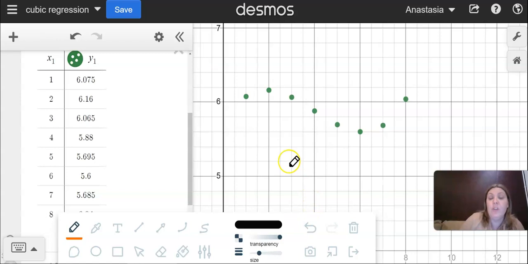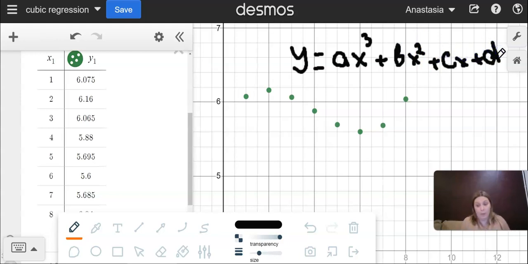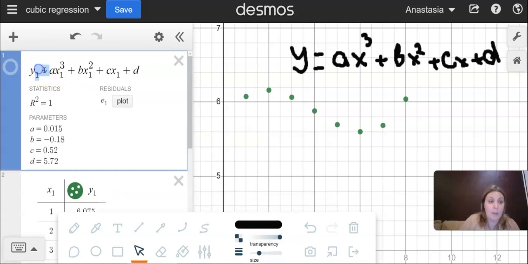Well, I do have a general form of a cubic function, and it looks like this: y equals ax cubed plus bx squared plus cx plus d. Just like in all previous graphs, I'm going to type it into Desmos, but instead of x and y, I'm going to put y1 and x1, and instead of the equal sign, I will use this approximation sign.